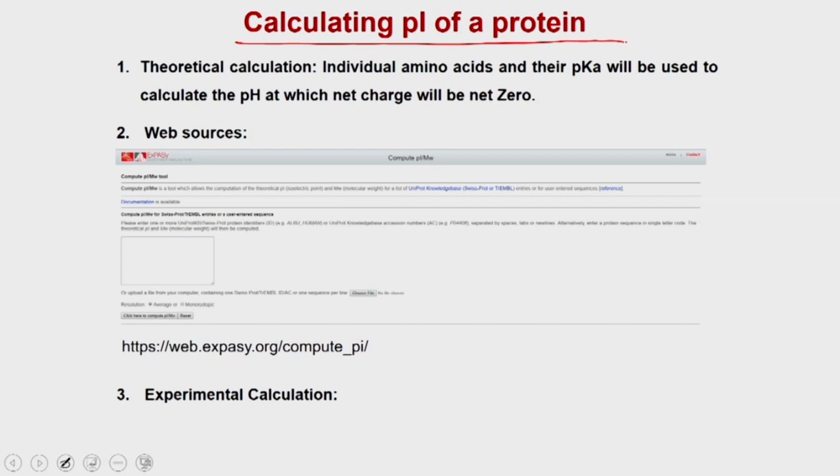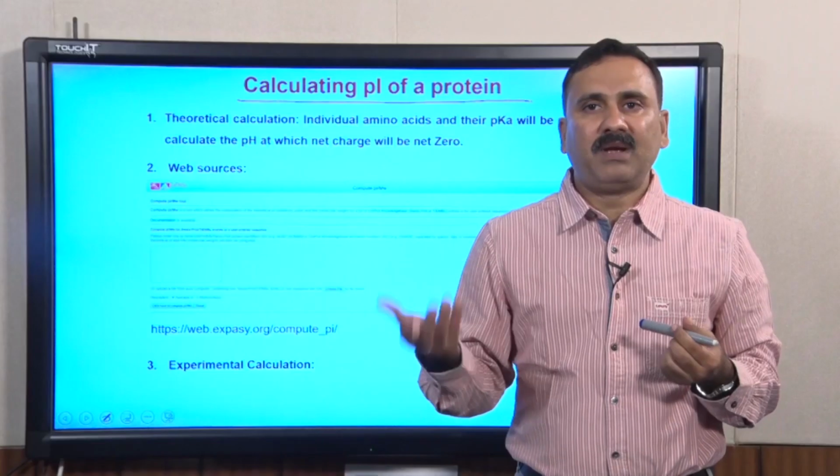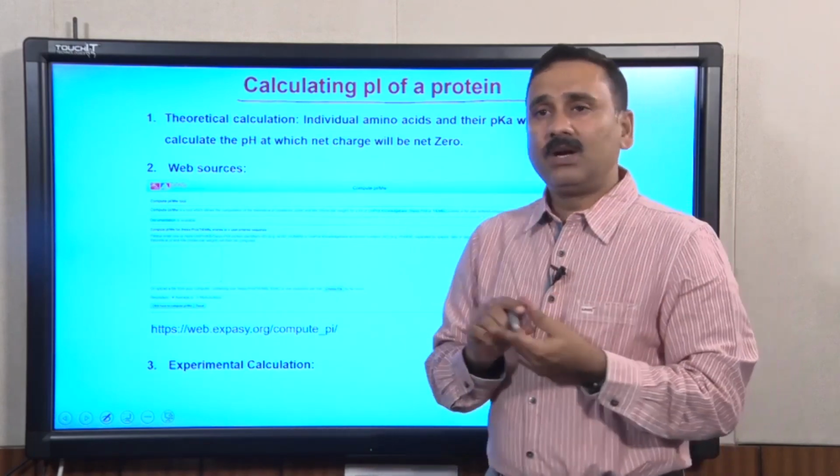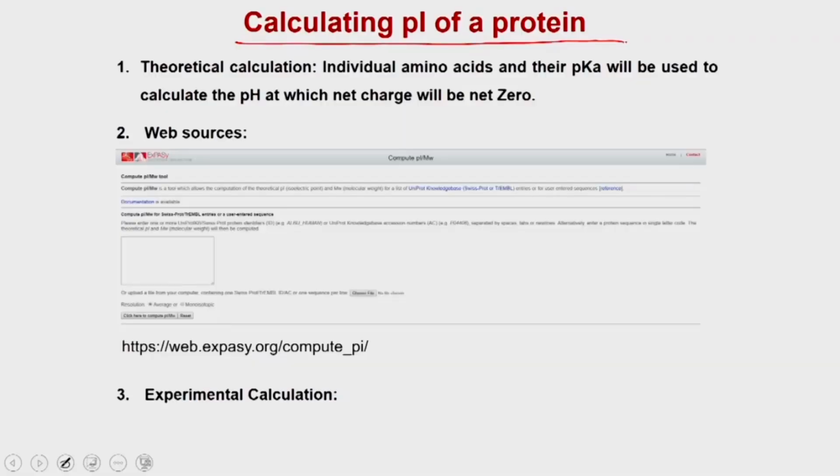Before the genomic era started, when people did not have the sequence information of a particular protein, both the amino acid sequence and the gene sequence, they went with trial and error methods when trying to use ion exchange chromatography. Suppose they use cation exchange chromatography.